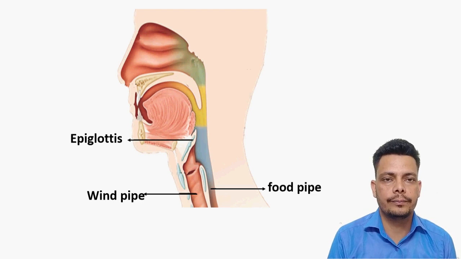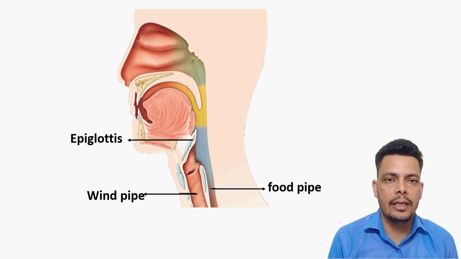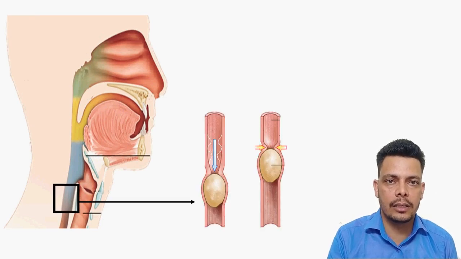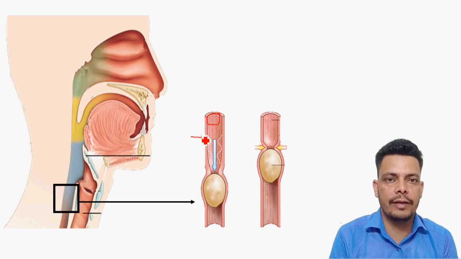esophagus. So now in the esophagus, what is there? It is a long pipe, and in the wall of the esophagus there are circular muscles present, and those muscles contract and relax rhythmically. As you make a fist, your fingers make a ring, and if you close first finger, then second, then third, and then fourth, and if you have something in your fist, it goes down.